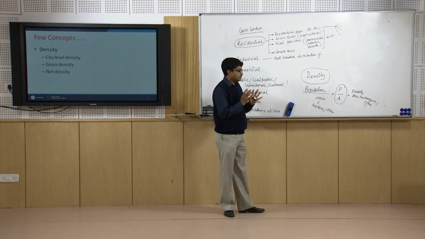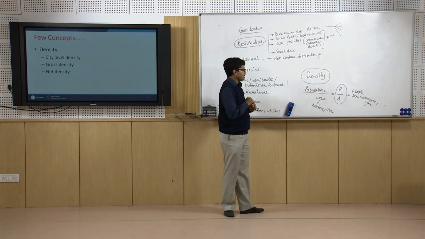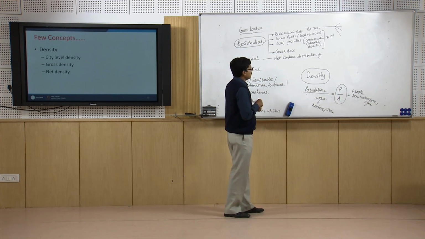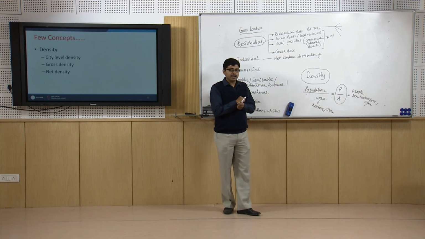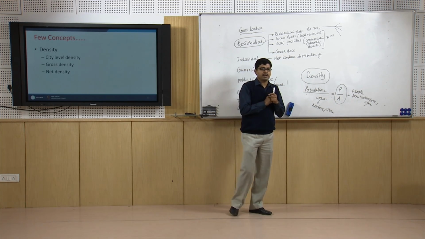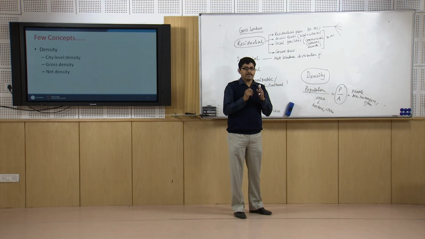So to understand in a better way, let us discuss that. Firstly, density could be discussed at the overall city level. For example, if we tell you that a city X is having an area of say 300 acres or 300 hectares, okay, and it has a population of 2 lakh.